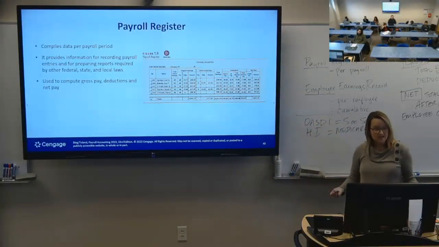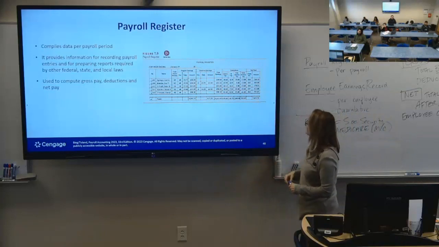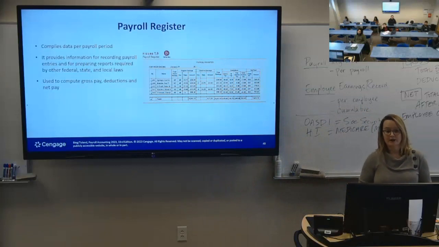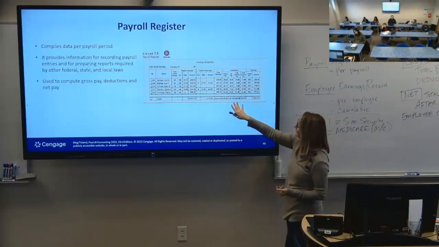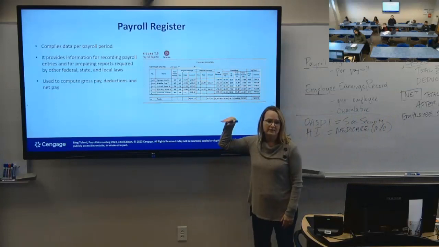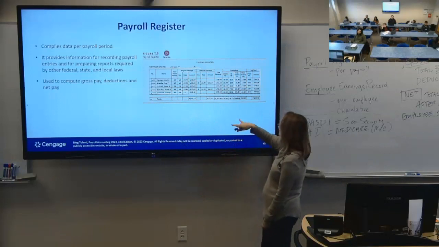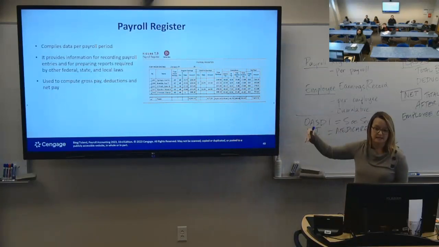So on payday, the cash that went out the door for the company is $7,435.76. Now, as a company, we obviously owe more than that, because we've withheld some taxes that ultimately we're going to have to pay. We're going to get into when and how we pay those taxes.